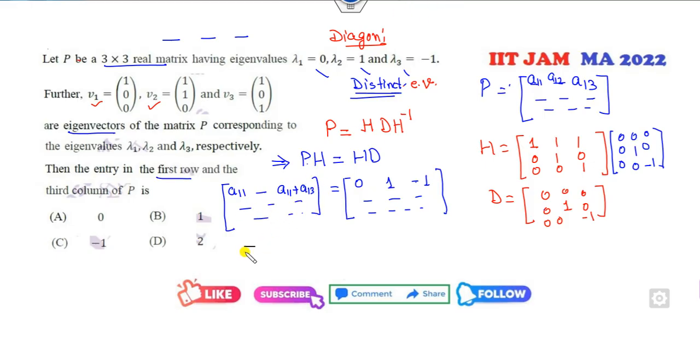Now you can equate them. A11 will be my 0, and from here A11 plus A13 will be my minus 1. So this number is my 0. So what is the right answer? Minus 1 is the correct answer of this problem.